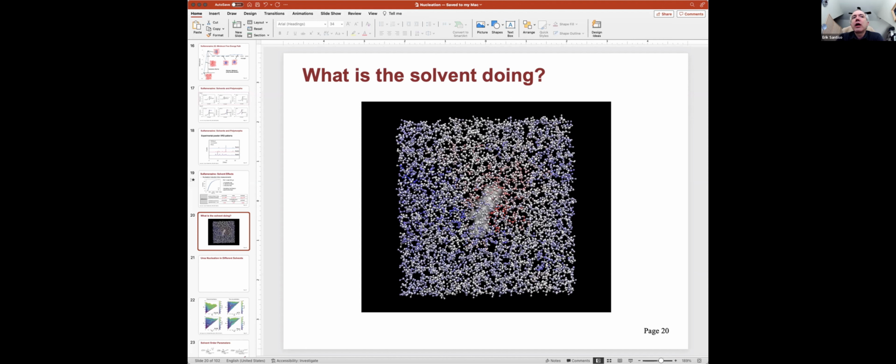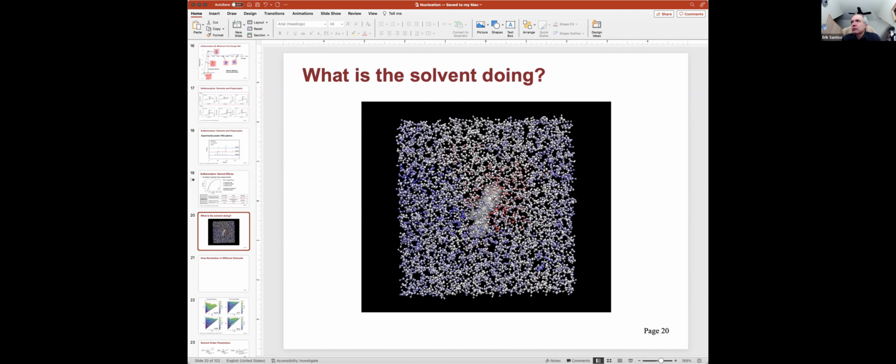These are waters, and they're colored red if the local environment is very different from bulk water, and blue if it is very similar. So if you see red, that means there's something there making water unhappy, or it's being forced into an entropically unfavorable conformation.